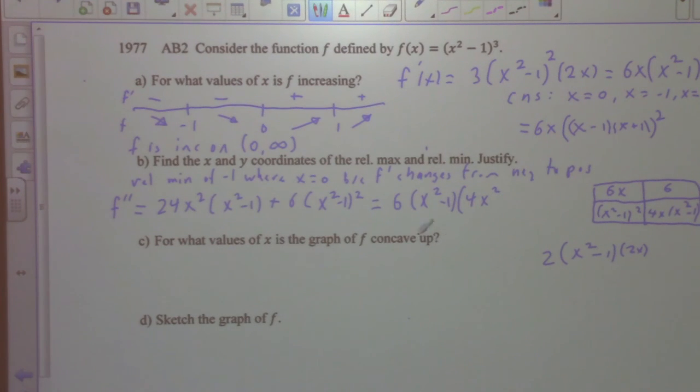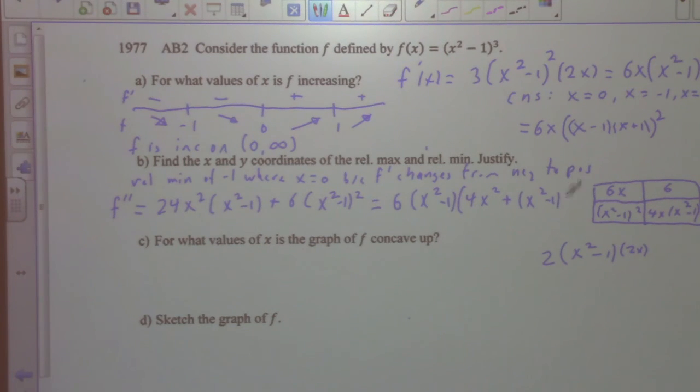And the next one, plus x squared minus 1. So that's it.